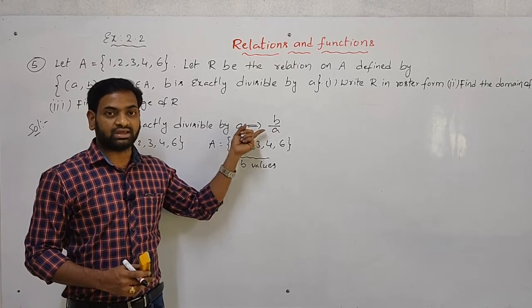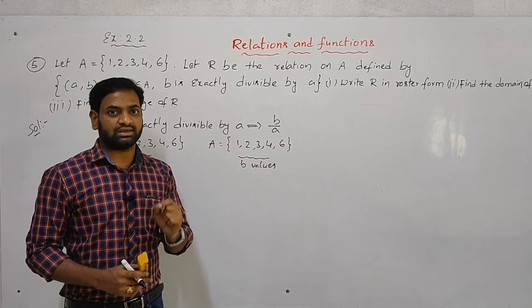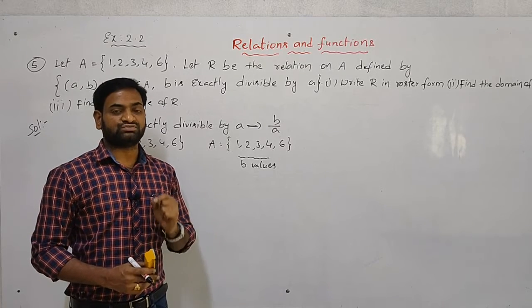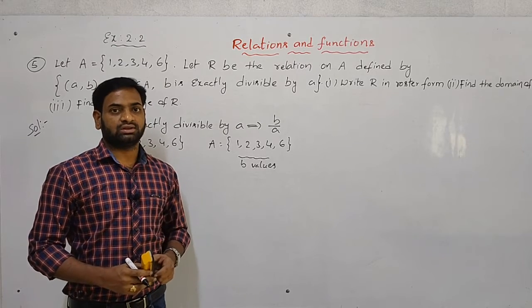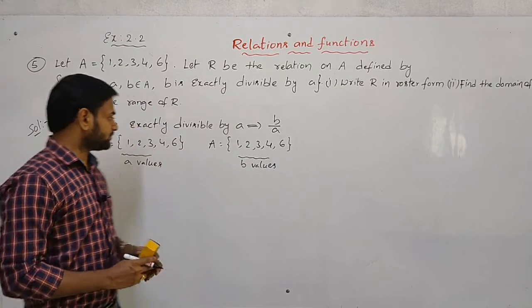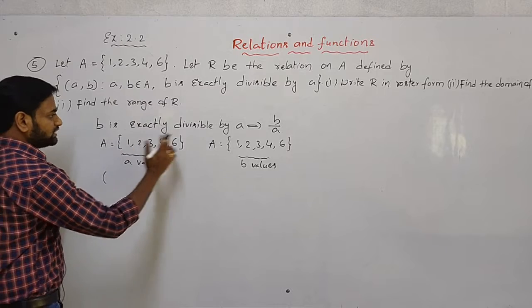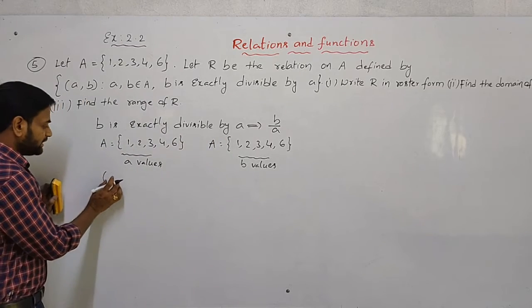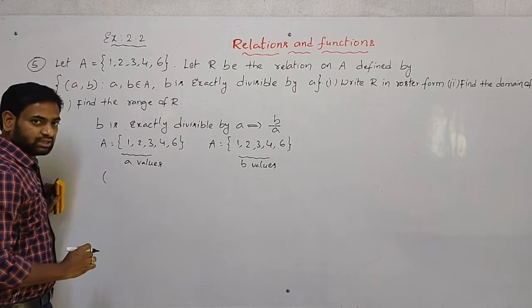B by A, B is exactly divisible by A. For which values of A and B that is possible, that ordered pair belongs to the relation. Now see here. First I am taking A value, next I am taking B value. In the ordered pair, first value belongs to A, next value belongs to B.